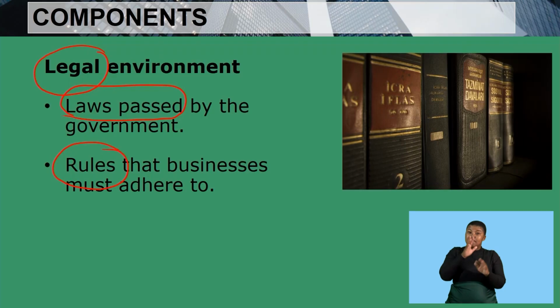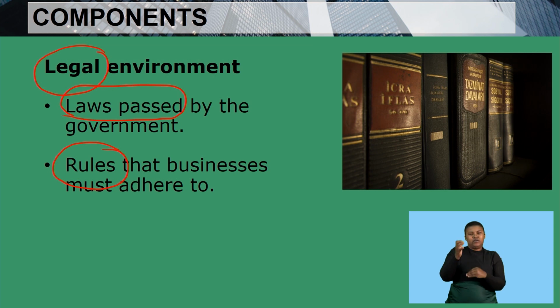So this can also be, as I said, laws, of course, but it can also be rules that are implemented by government or by institutions of government that any business has to adhere to. All right, so legal environment will be laws and rules that are implemented or amended that will have a direct impact on your business.